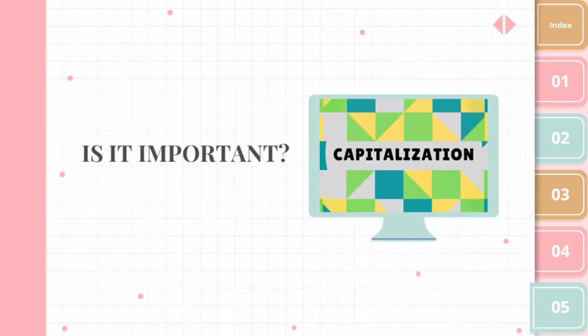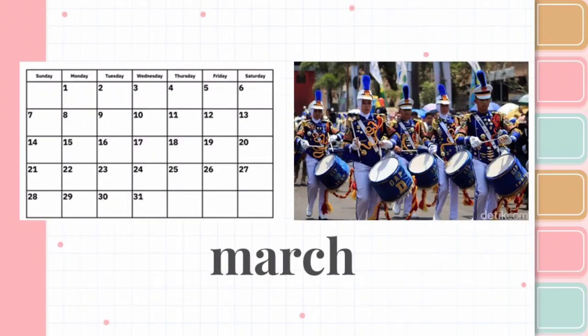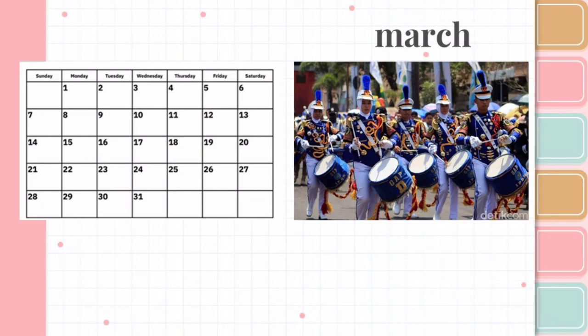Right, just because proper and common nouns relate to capitalization, the big question is, is capitalization really important? Okay, if you think that capitalization is not important, just guess what I meant with this word. What did I mean with March? A month or a band? Yes, it is a band because I didn't use the capital letter for letter M. If it means a month, I have to put a capital letter for the letter M in the word March.